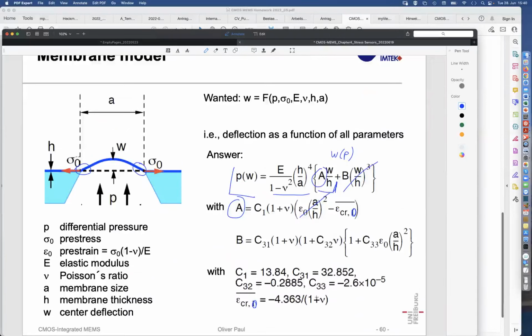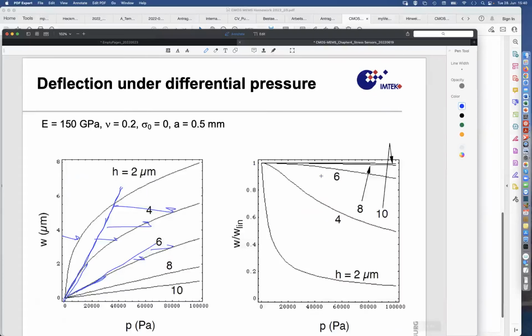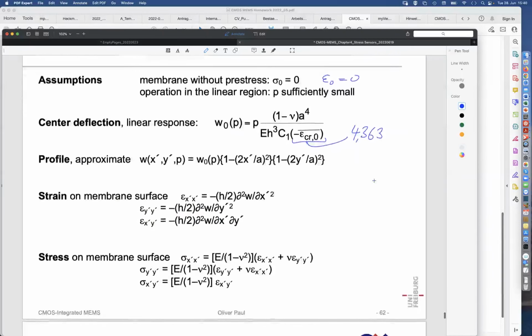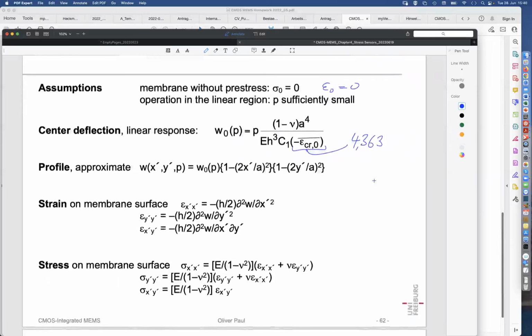So it makes 4.363 divided by 1 plus nu, but this is multiplied by 1 plus nu, so 1 plus nu is gone. So A is essentially C1 times 4.363. And if we go back here, we find this A down here as C times 1.363. So please write that correction here. So now we only have W0, which is the center deflection of the membrane.